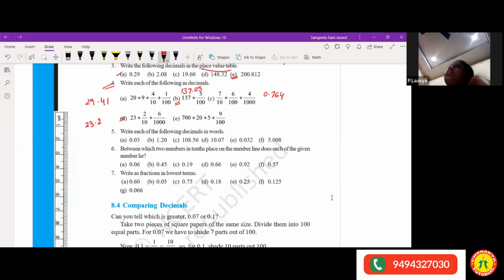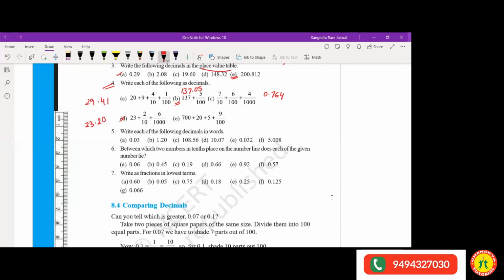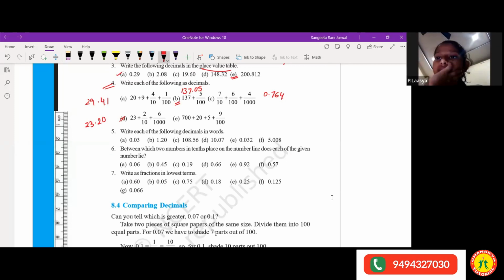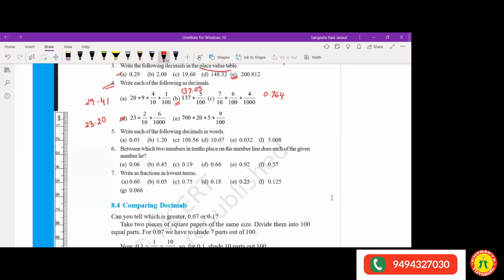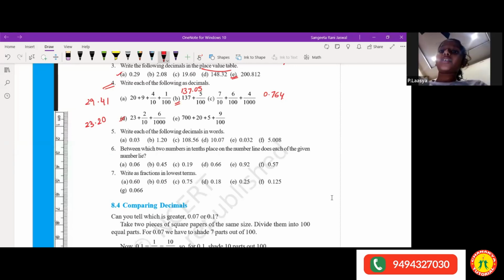Yes, ma'am, sorry, hundredths. So we have to add 2 zeros between them. There is no hundredths place, no? So for hundredths place, we will put 0. There is tenths place here, and thousandths place here. There is no hundredths place. Yes, ma'am. And 6. Okay.